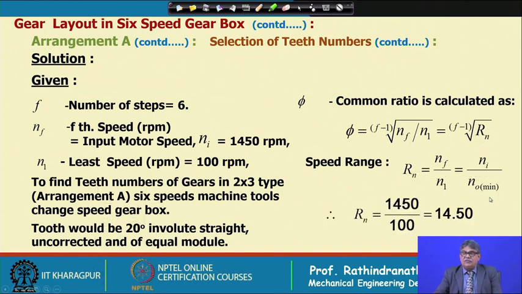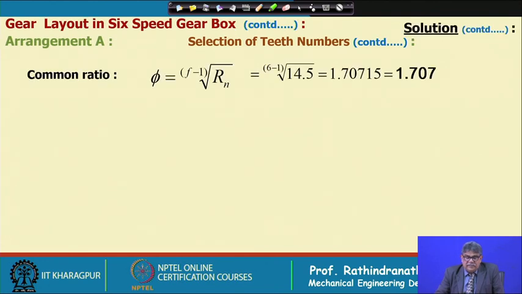If we calculate, straightway we get that the speed range is 1450 by 100, so it is 14.50, and then the common ratio is calculated as 1.70715, which can be taken as 1.707.